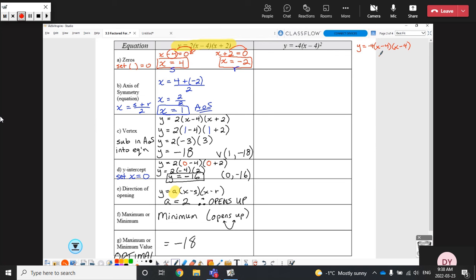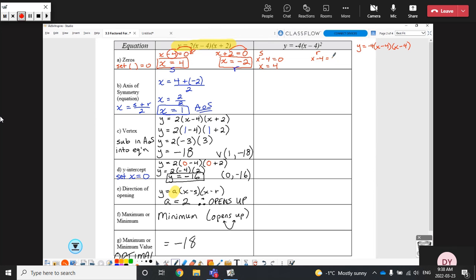Now, if we wanted the zeros, s and r, it feels like we only have how many zeros, do you think? Well, okay, sure, we have 2. They're both x minus 4. But when we go ahead and solve that, we'll set x minus 4 equal to 0. X equals positive 4. R, it'd be the same thing.